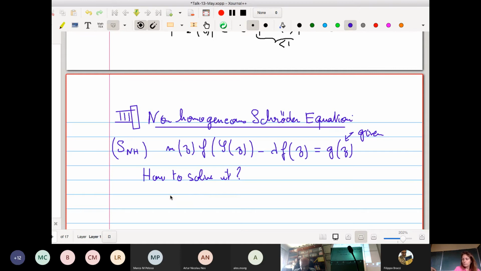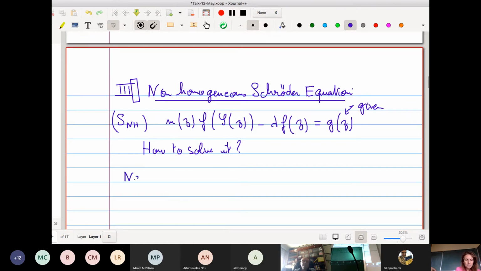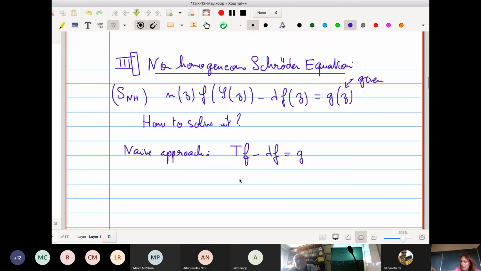So a very naive approach consists in just saying that it's Tf minus lambda f equal to g, where T is multiplication and composition. So if you have an arbitrary operator like that, you say that T minus lambda identity applied to f is equal to g, and you want to reverse this.